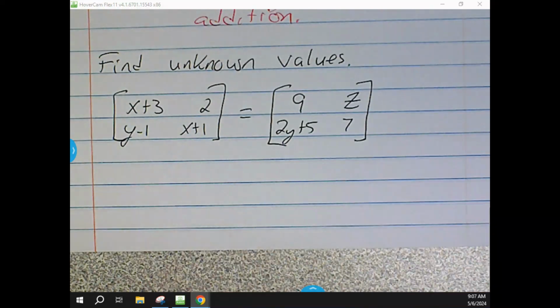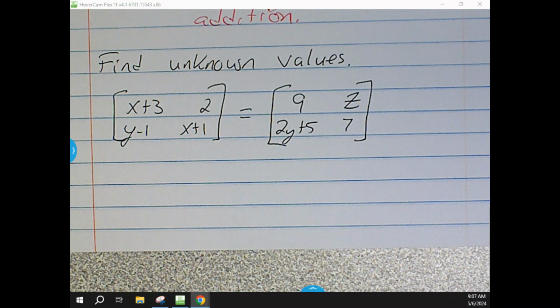Here's one where they ask you to find the values of x, y, and z. If it's an equation where one matrix is equal to another matrix and they ask for unknown values, it's kind of like addition and subtraction.